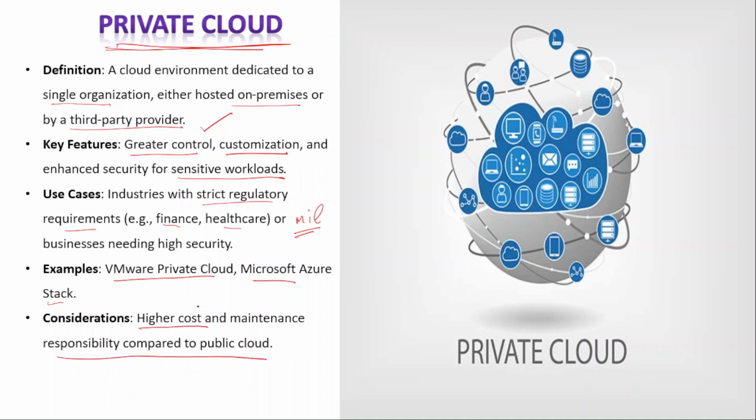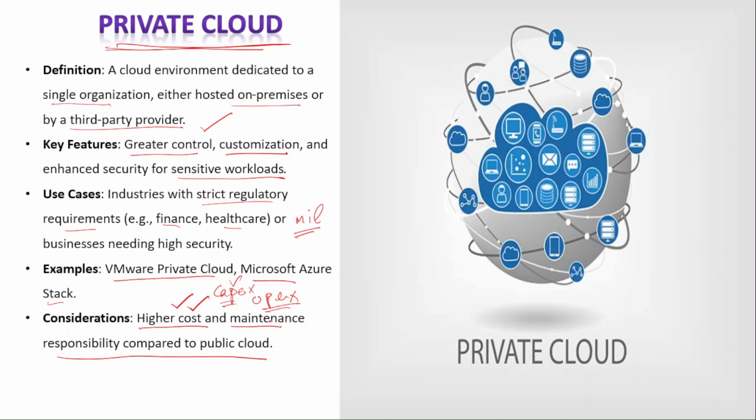If you want to deploy your own cloud, you will need to deploy all the physical as well as virtual infrastructure. It means it will have CapEx, the capital expenditure, as well as OpEx, that is operational expenditure. These are two terms: capital expenditure is the initial deployment expenditure, while the ongoing operational expenditure is known as OpEx.